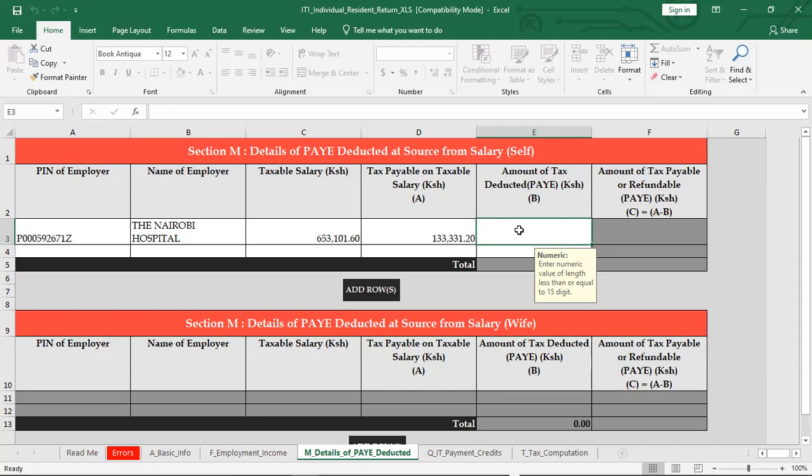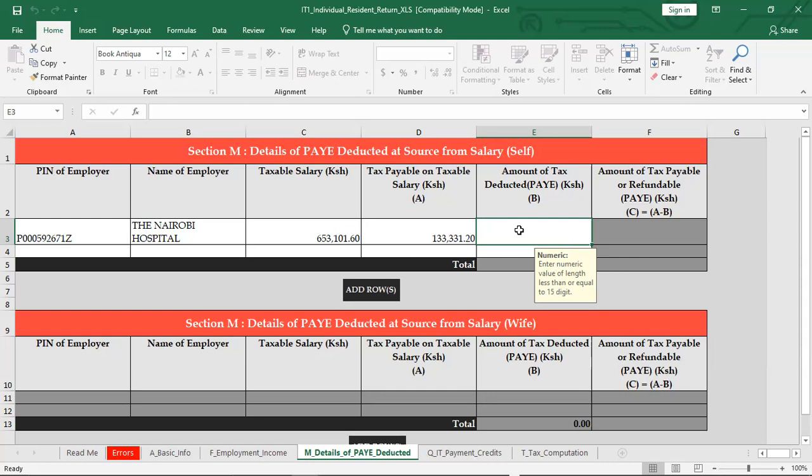So I want us to agree. Amount of tax payable, it is the total tax before deducting personal relief. Amount of tax deducted, it is the actual amount that you are supposed to submit to KRA, which is the tax payable, you less personal relief.